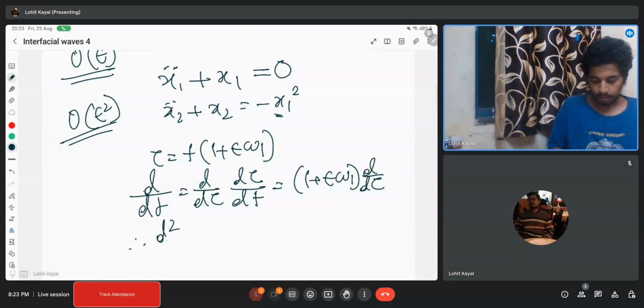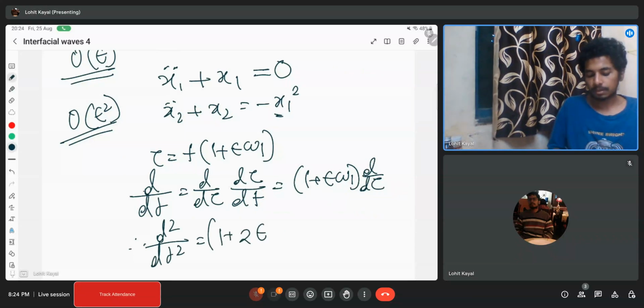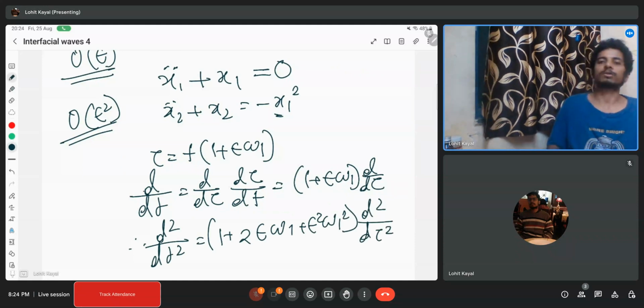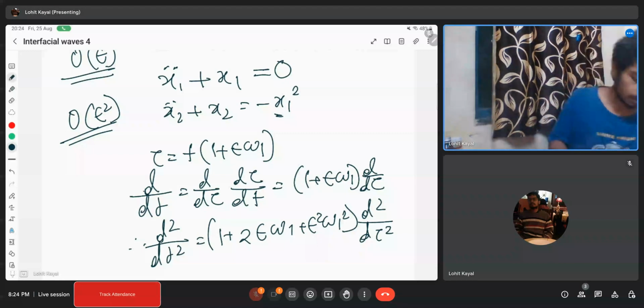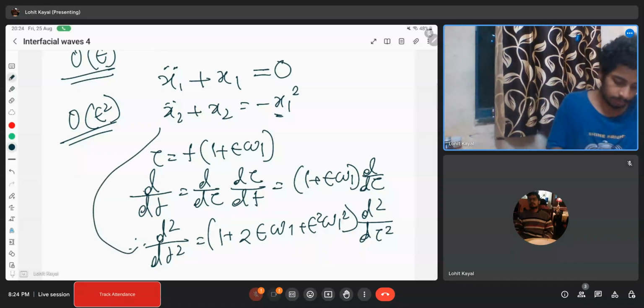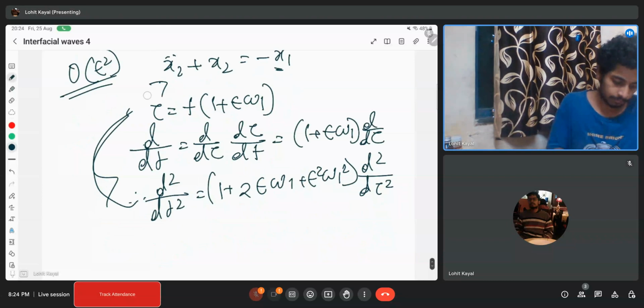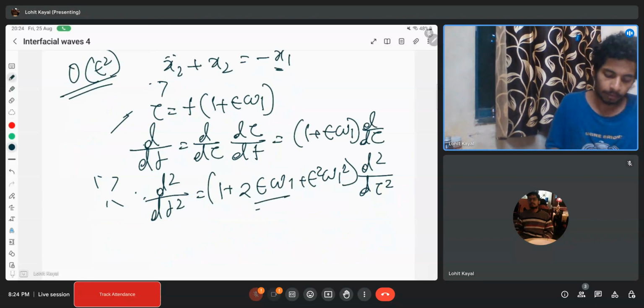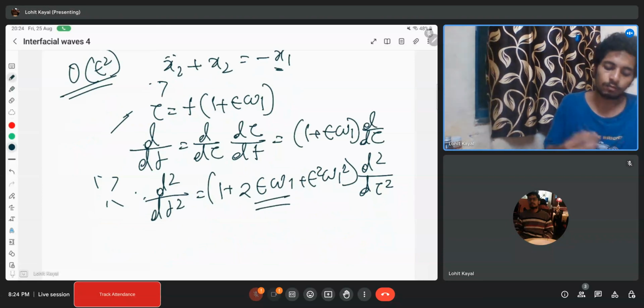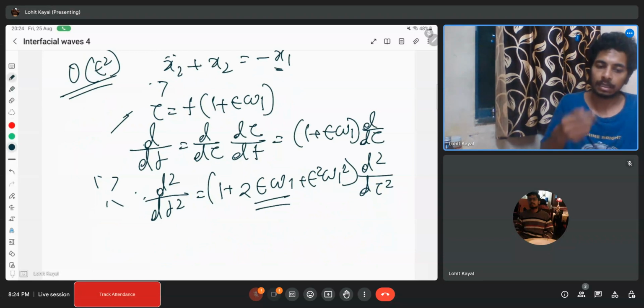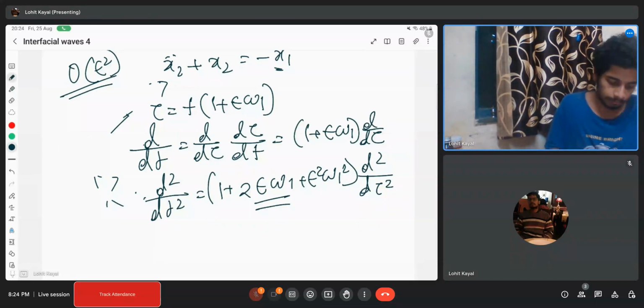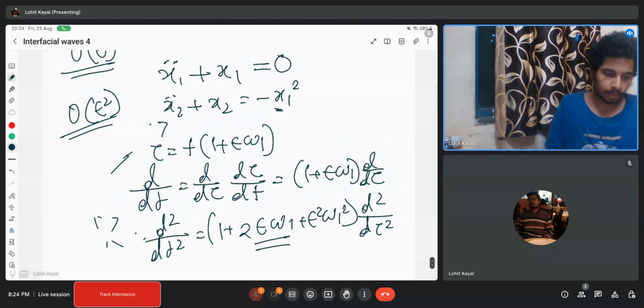So d square dt square equals 1 plus epsilon omega 1 whole square, d square d tau square. Now you just need to substitute it. So what will be the one more extra term? One more extra term will be minus 2 omega 1 d square x1 d tau square. That will be your one more extra term.